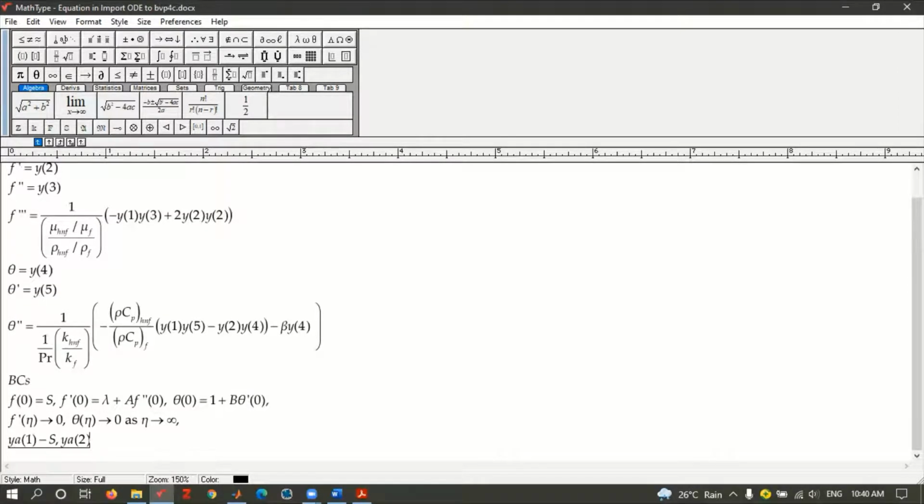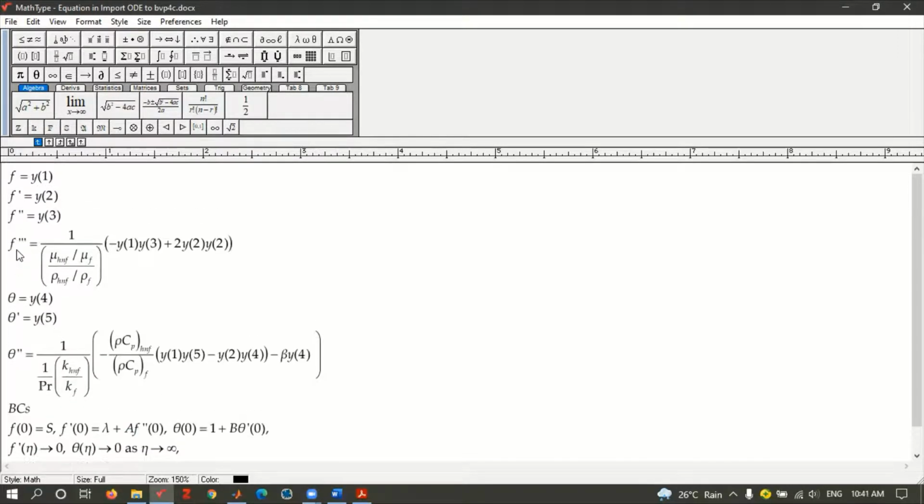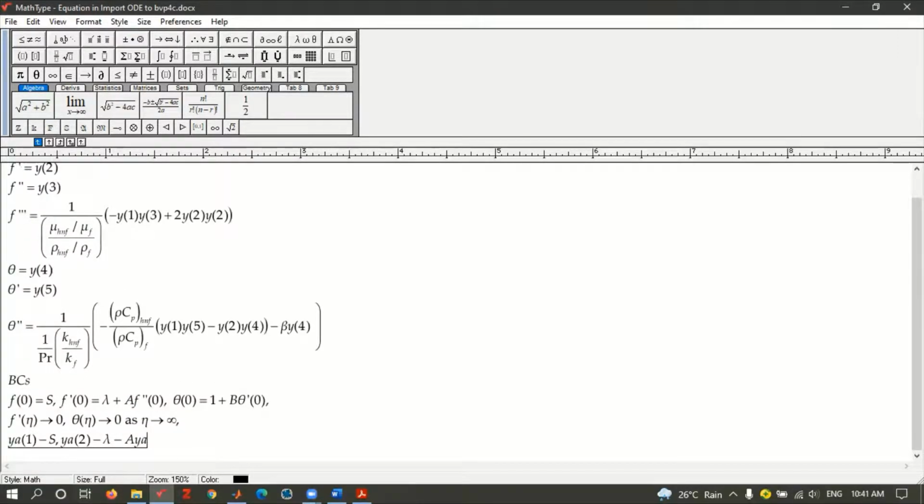And here there is an equal sign, but in this code we shouldn't put the equal sign, so it should be minus lambda and then minus a. F double prime is y3, so it should be ya3.